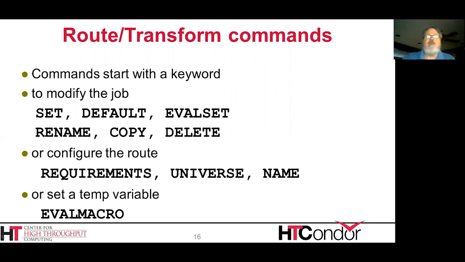There are 6 commands that modify the job: set and eval set, which you may be familiar with from the old transform language. They work essentially the same. Default is like set, except it does nothing if the job already has a value for that attribute. And then rename, copy, and delete are used to rename attributes and copy attributes and delete them in the job.